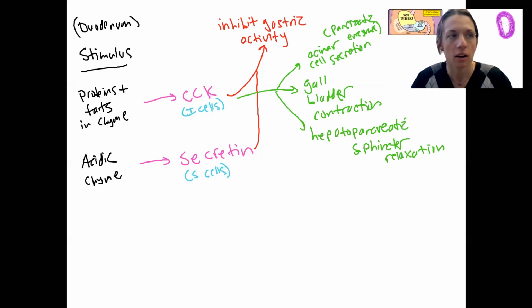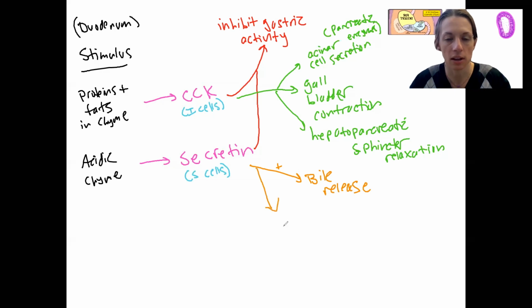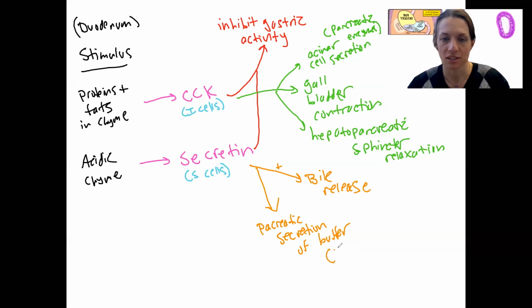Secretin, it's going to promote, so this is positive things here, plus bile release from the liver and gallbladder, as well as pancreatic secretion of buffers. So the pancreatic juices, what is this? HCO3, bicarbonate.